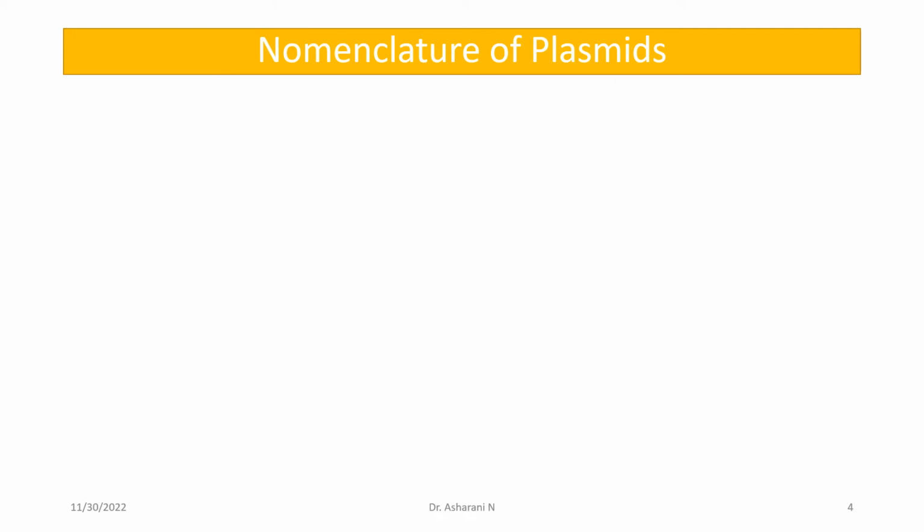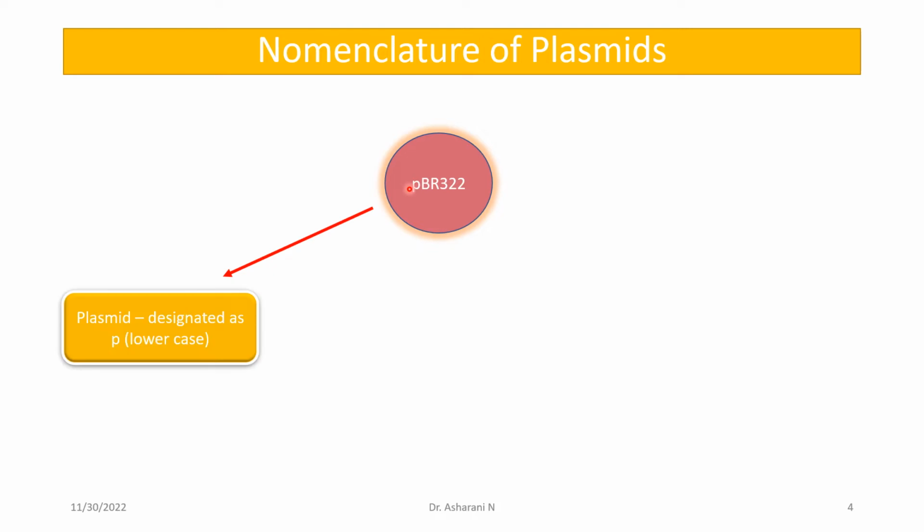Coming to the nomenclature of plasmids, we will see how these plasmids are named. We will take an example of an E. coli plasmid, that is pBR322. So this small p, which is written in lowercase, denotes the plasmid.